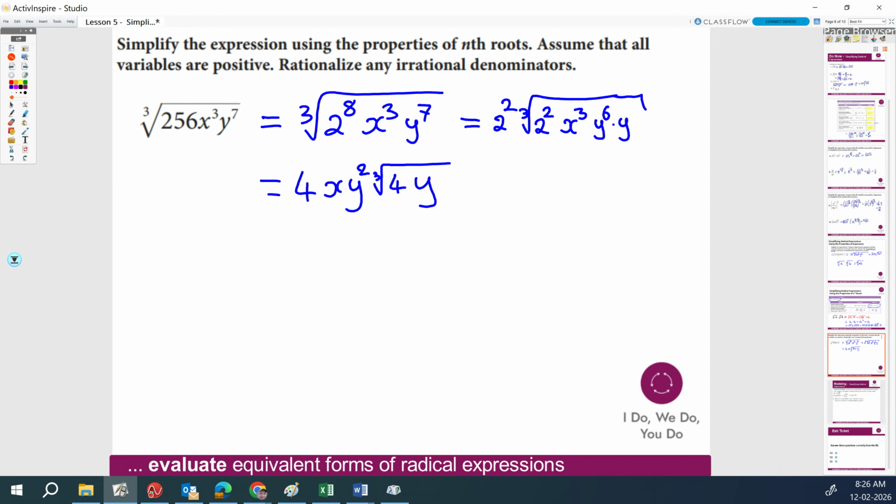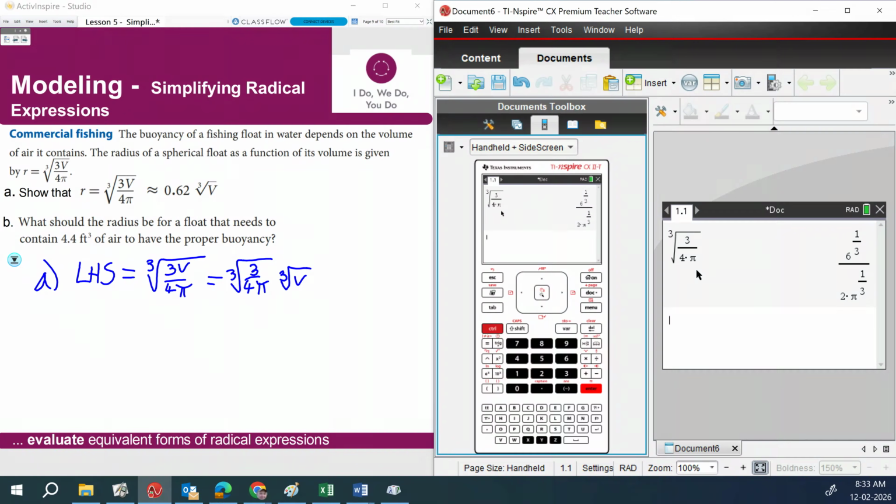To do this decimal, we have to use the calculator. Press Control and the cube root key, then Control divide for the quotient 3 over 4 pi. Then press enter. If it comes up like this, press Control enter to get a decimal.